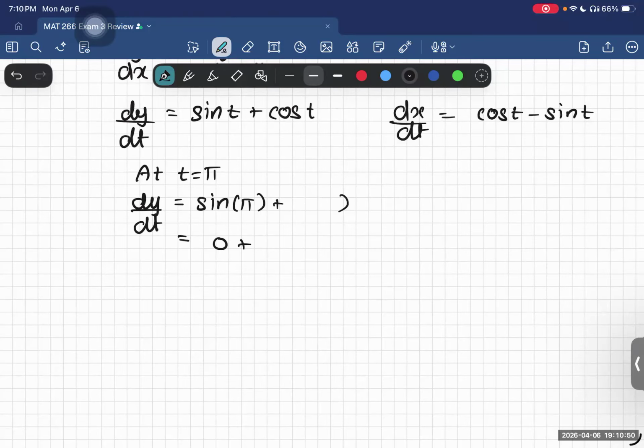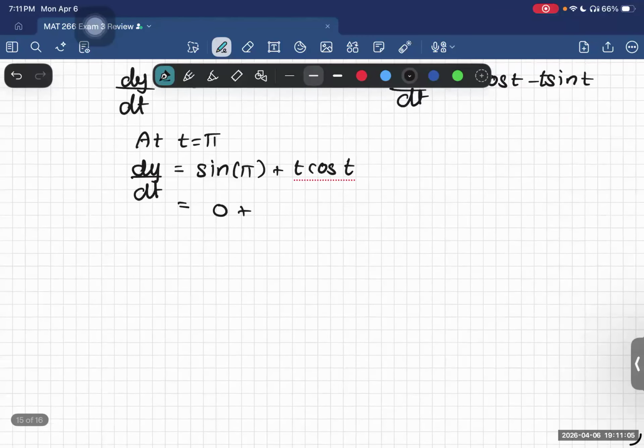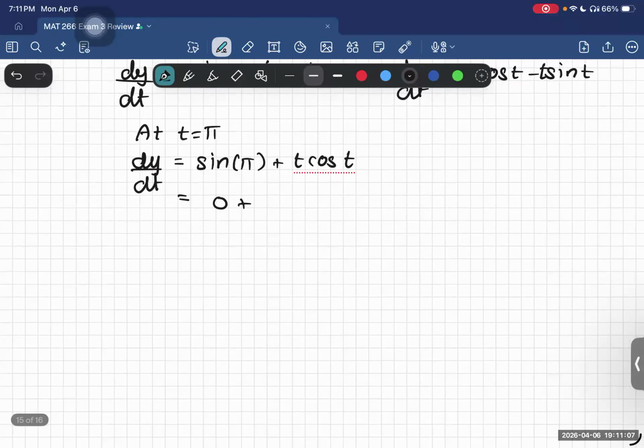This should have been t cosine t, even here. And for the top part, it should have been t sine of t. So I have pi times negative 1, so this gives me negative pi.